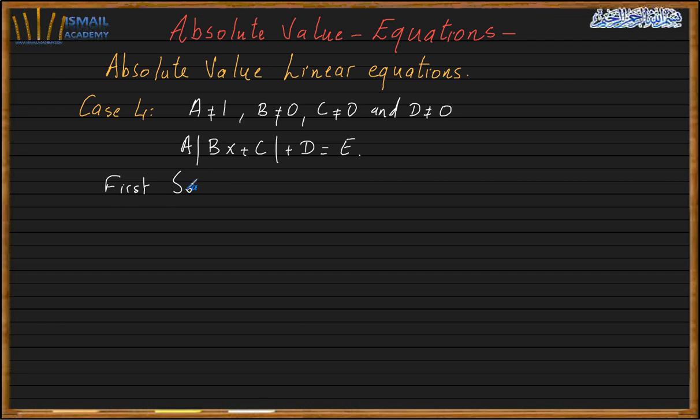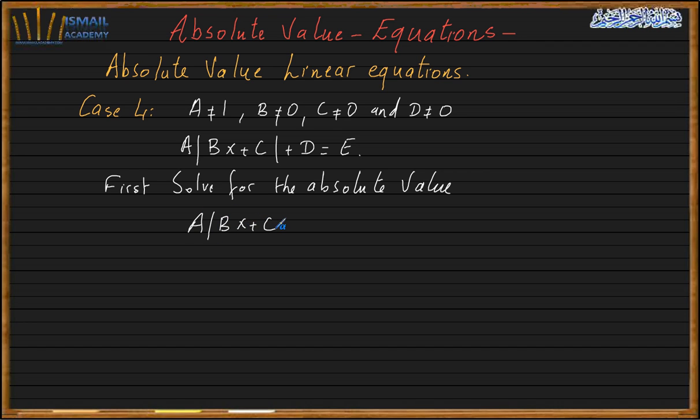First, solve for the absolute value, which means any number around the absolute value must be moved to the other side by the order of operations. If I have addition and subtraction, if I have multiplication and division. So first, I solve for the absolute value.